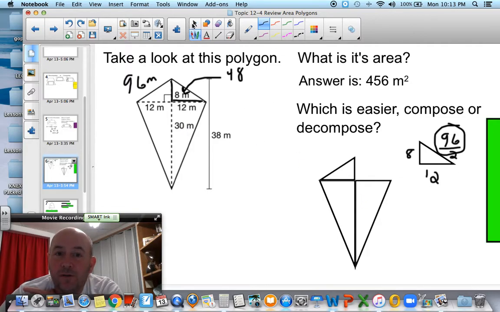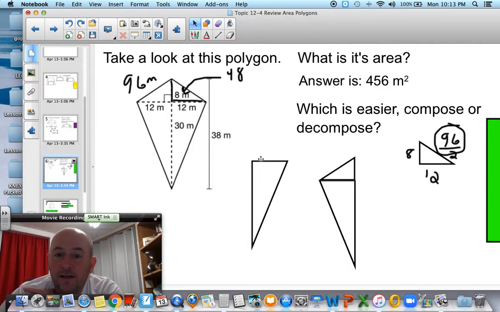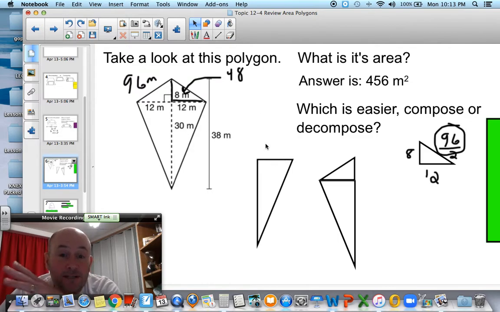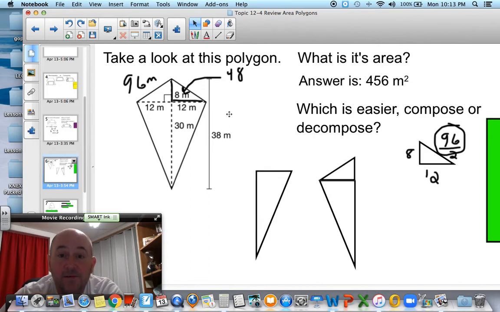Well, if I look at one of those triangles, I can see that it has a, now remember, base and height can be relative to the way it's positioned. So I know that the base is going to be this, and this will be its height, okay? So its base is 12, and its height from here to there is 30.